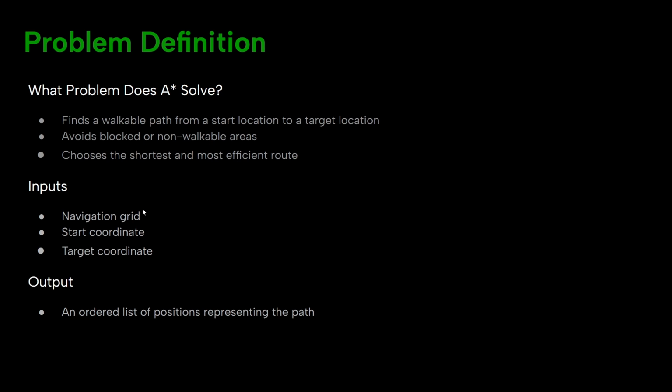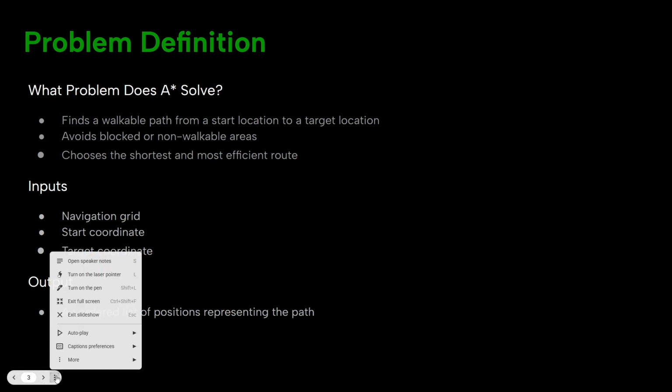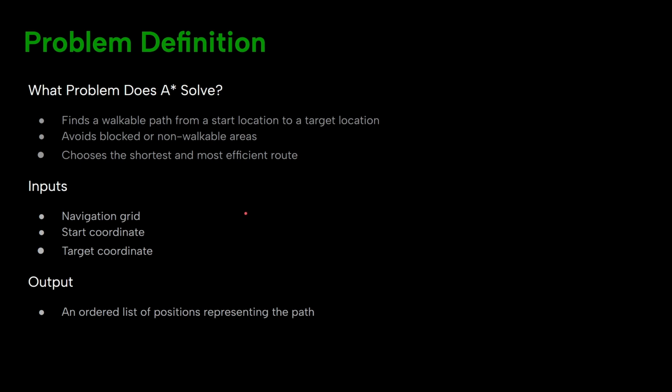So what are the inputs? Well, we have to provide the navigation grid, because that's the grid on which we ultimately perform the path finding, and we simply pass the start coordinate and the target coordinate. The navigation grid could be an n by n matrix, as I mentioned in the introduction.